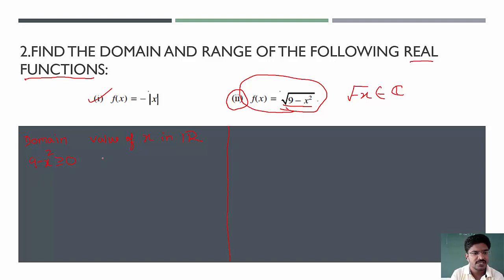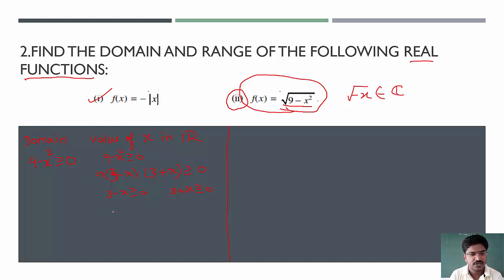If I simplify this, 9 minus x square greater than or equal to 0 implies, by factorizing, 3 minus x and 3 plus x greater than or equal to 0. Further, by simplifying, 3 minus x is greater than or equal to 0, and one more term, 3 plus x is greater than or equal to 0.